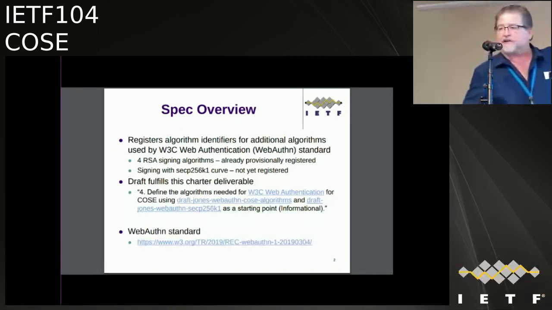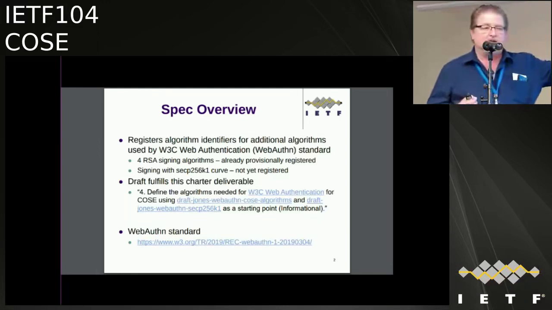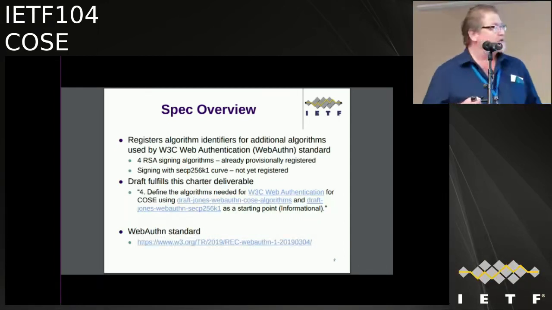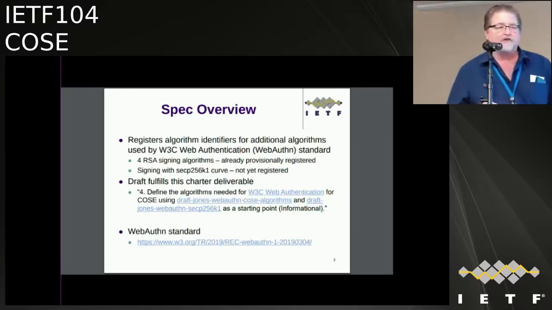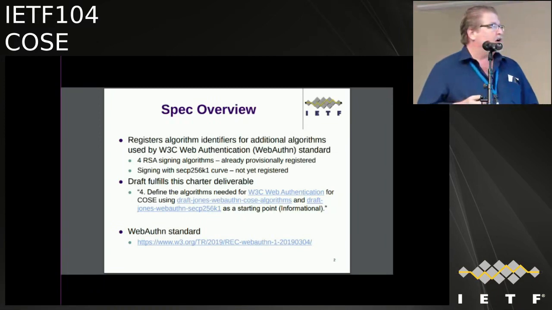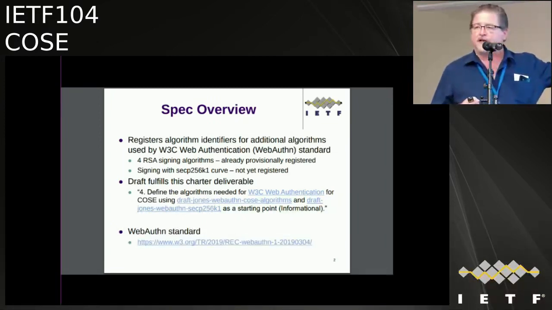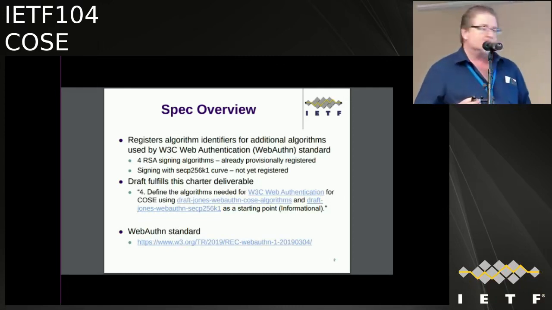There's 4 RSA signing algorithms that are registered, which weren't already registered for use in COSE, as well as the secp256k1 curve and signing with that. I'll note that this draft is explicitly intended to fulfill a charter deliverable, which is on the screen there.